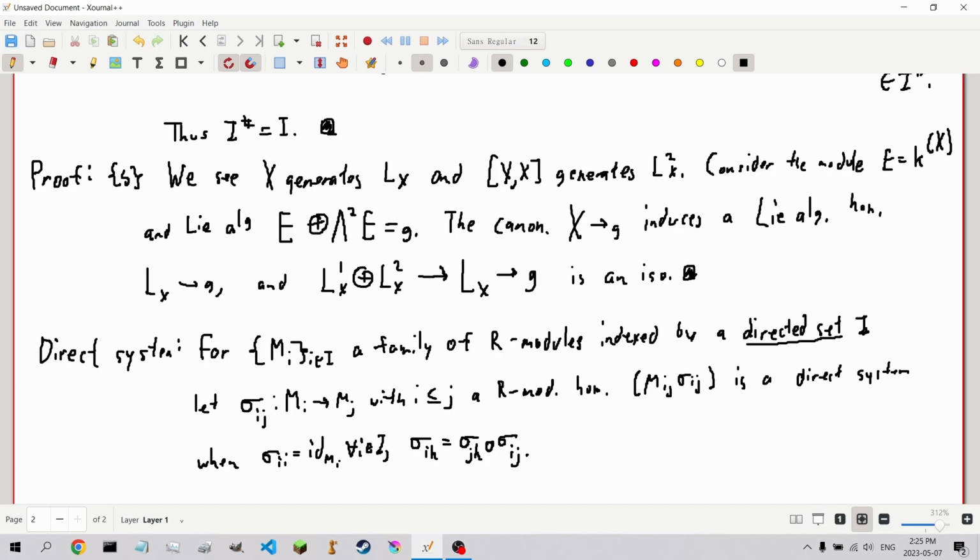So it doesn't have to be totally ordered, but for every pair of indices, there has to be an element that is bigger than or equal to both. Okay, so that makes sense.